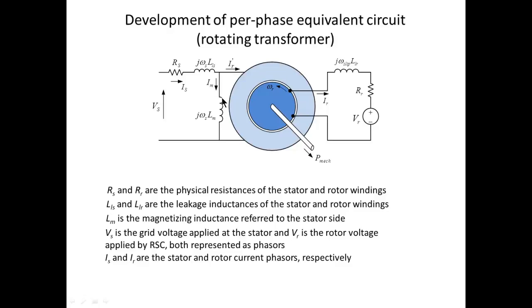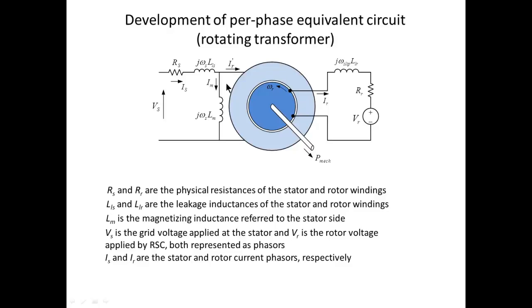This branch is the magnetizing branch. LM corresponds to the magnetizing inductance, and so that is similar to the transformer, except that in a motor the LM is very small, and therefore the magnetizing current is significantly larger than what we see in transformers.